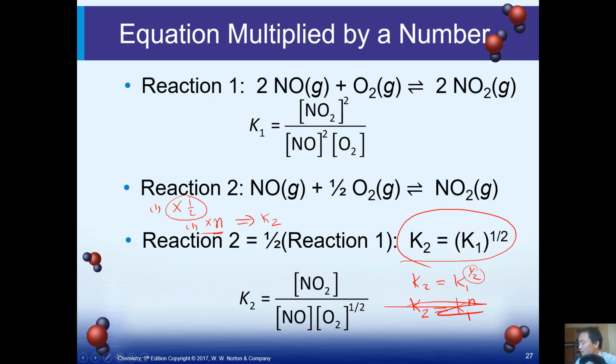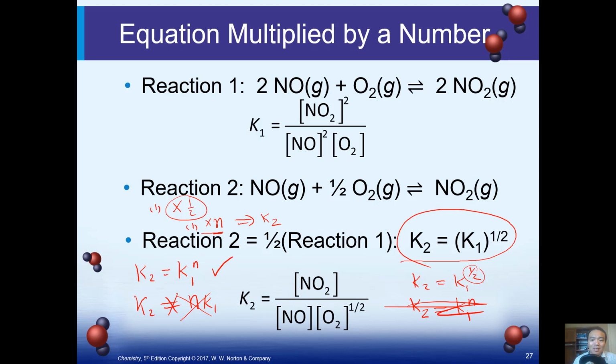If you multiply an original reaction by n, the equilibrium constant for the new reaction will be the original raised to n. It's not n times K1. It's K1 raised to n. The other one is wrong.